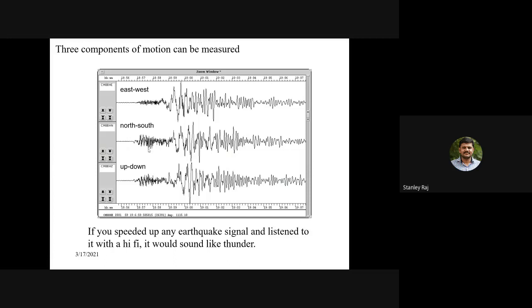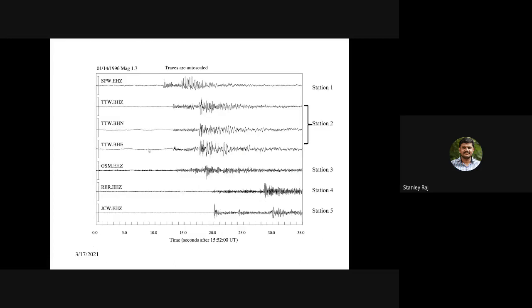Three components of motion in the seismograph: east-west direction, north-south, and up and down. So three things will be recorded in the seismograph. If you speed up any earthquake signal and listen to it, it will sound like thunder because of the rattling sound of rocks.